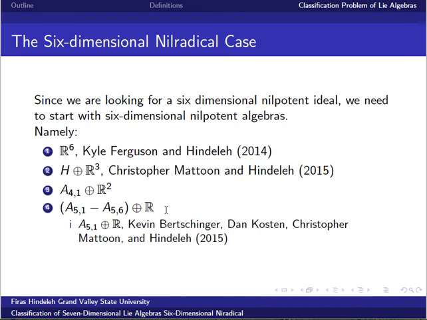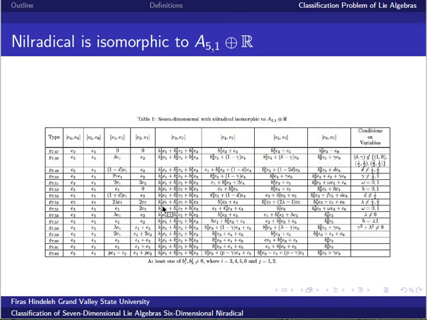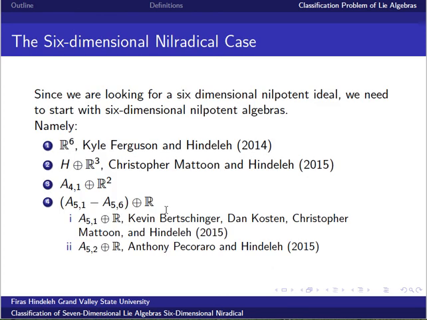The first one was done by Bertschinger, Kosten, and Mattoon in 2015 as well. And those were the results. And the second one was done by Anthony Pecoraro in 2015. So 2015 was really a good year.